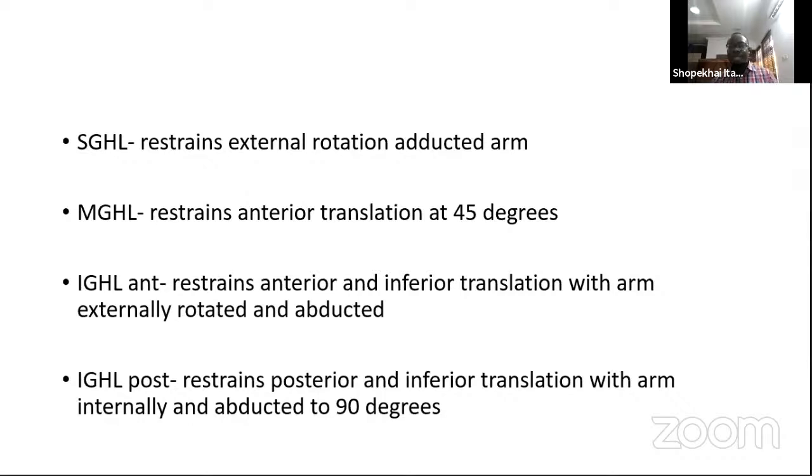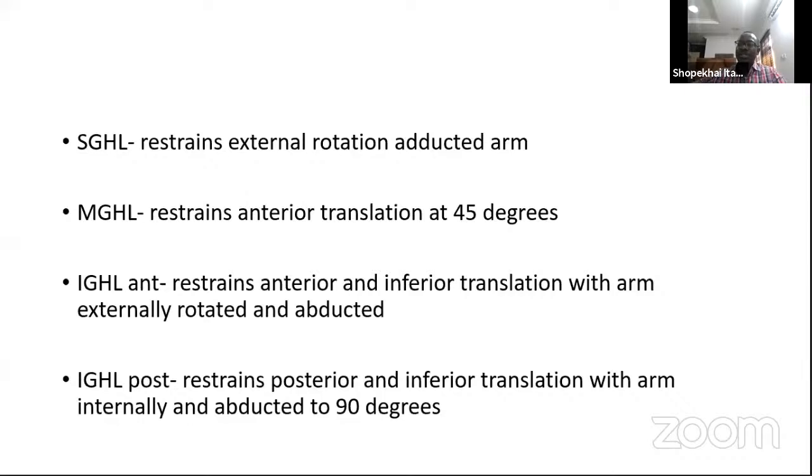If you try to externally rotate with the arm by your side, the superior glenohumeral ligament is put into action. When you are at 45 degrees of elevation, anterior translation is restricted by the middle glenohumeral ligament.